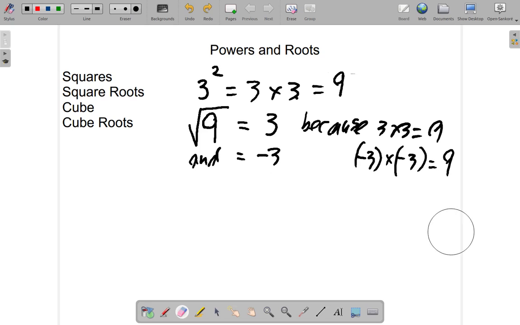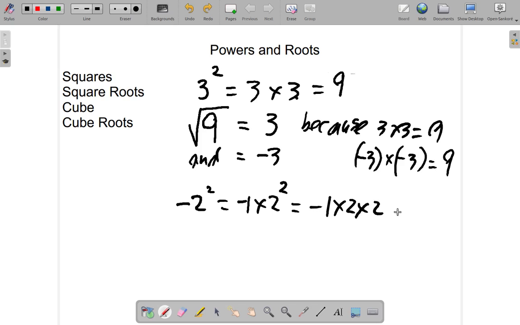So I'm just going to show you that you have to be careful when you're using these calculators and squaring a number. If you put negative 2 squared, what the calculator is assuming, first of all, negative 2 means the same as negative 1 times 2. And the calculator is assuming that you mean negative 1 times 2 squared, which is negative 1 times 2 times 2.